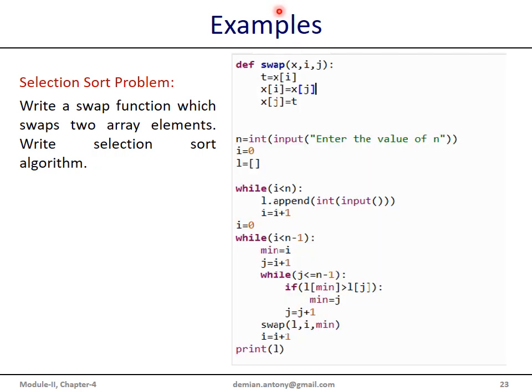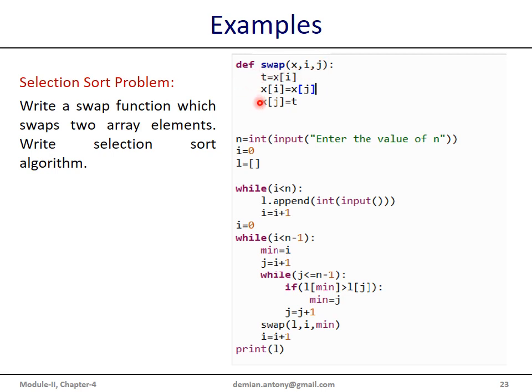Here is the program. We have a function swap which takes 3 arguments. First is a list, and second one is the position of the element to be swapped, that is i, and this is the position of the second element to be swapped.